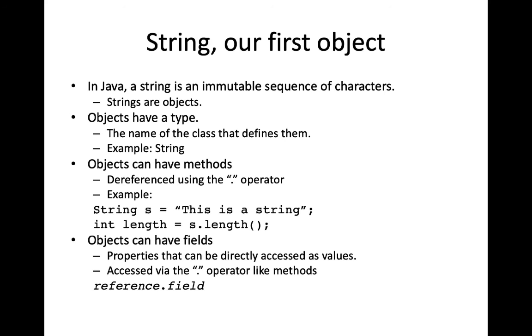Then later on in my program, if I say a equals "bye" or a equals "see you later", it's the same named variable, but the value of the name a is being changed from a reference to the original string to a reference to a different string. The strings themselves are in memory, and their memory addresses are the references that the named variable of the right type is referring to, either one object or another object.